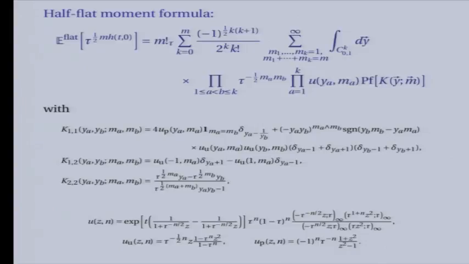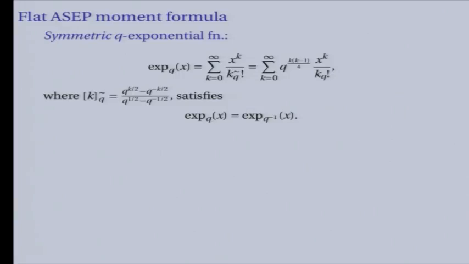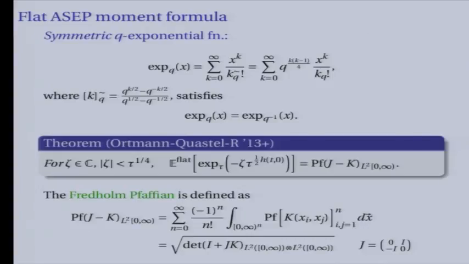So in the end, we get a Pfaffian formula for the moments, and then one can see that I cannot exactly sum it because this is not bounded by 1 anymore. This is blowing up. So one has to pre-multiply by something, and then there's a different exponential deformation that one can form. And in the end, one gets a formula like this with a Fredholm Pfaffian, which is the analog of a Fredholm determinant, and actually it can be written as the square root of a Fredholm determinant.